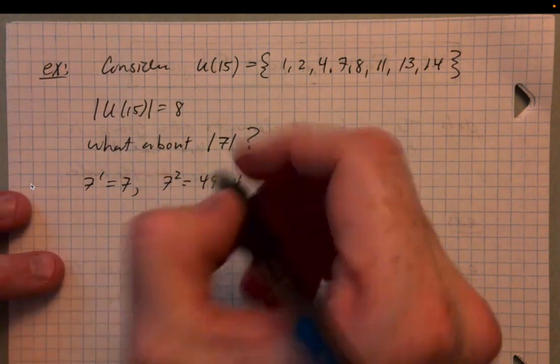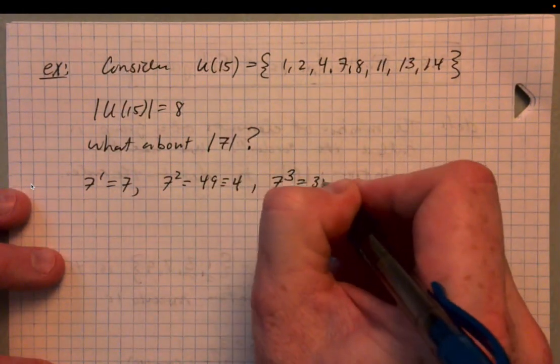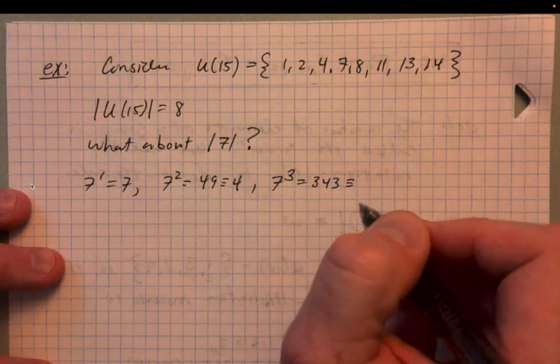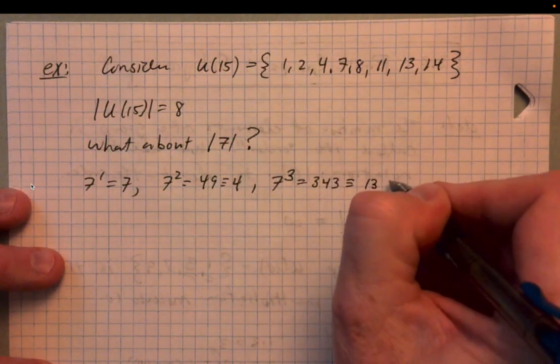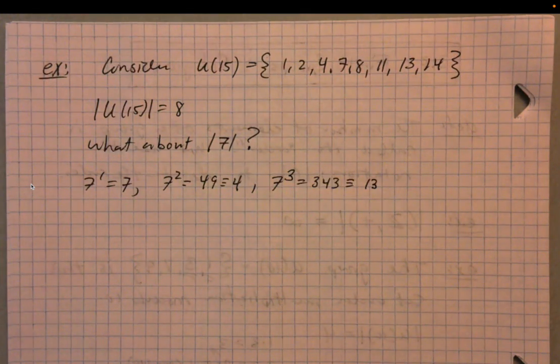Okay. 7 cubed is 343, which is congruent to 13 mod 15. All right, you can figure this out just by taking 343, dividing it by 15, and identifying the remainder. Use the division algorithm on 343.